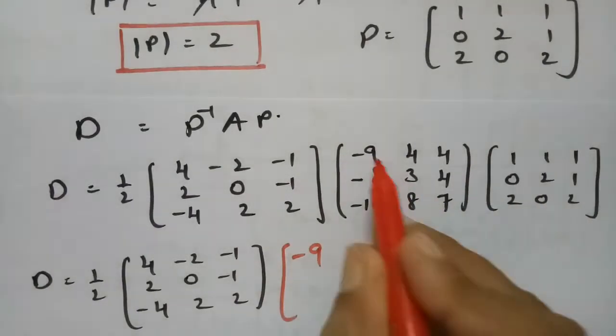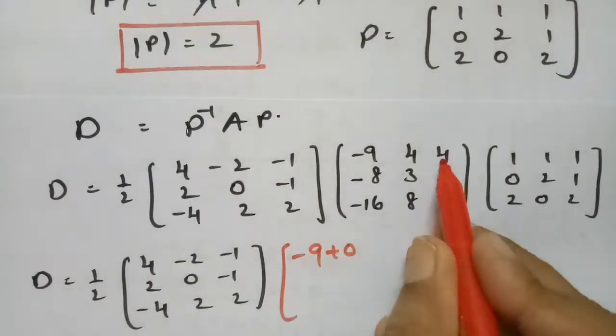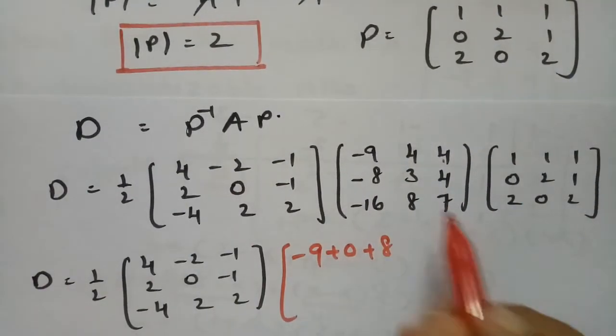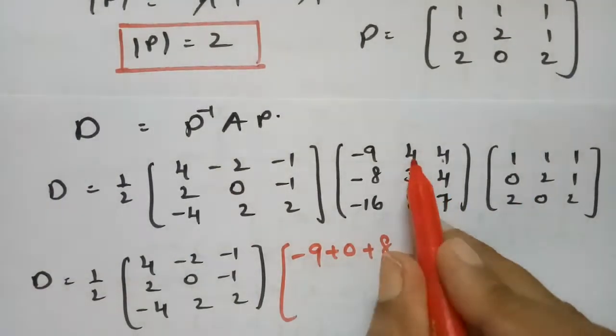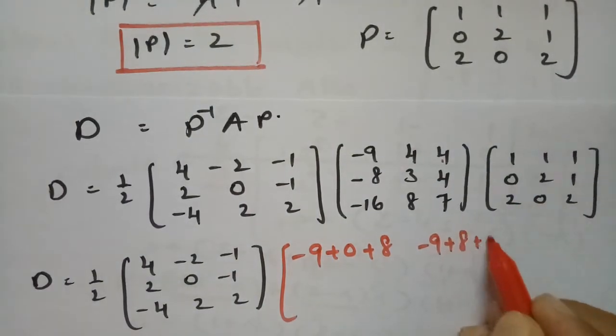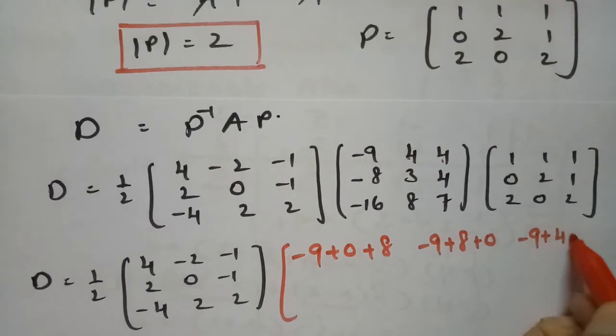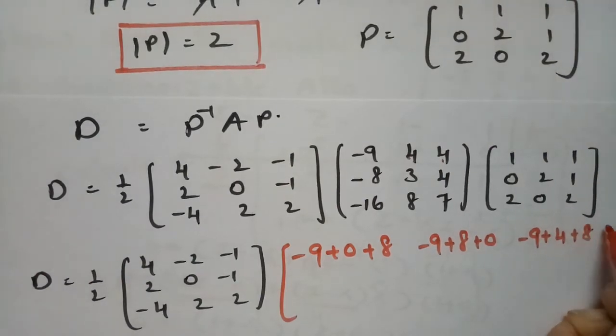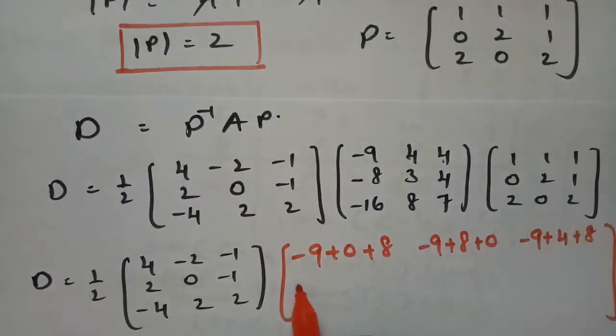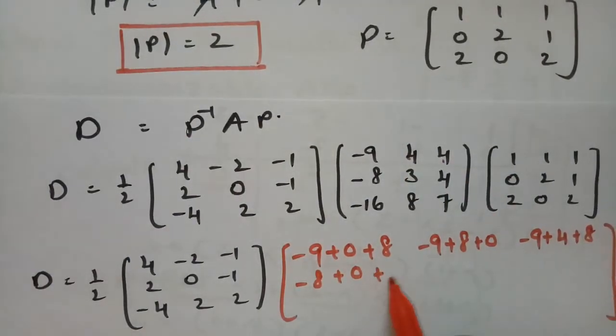So this is minus 9 plus 0 plus 8. If you see, this is minus 9 plus 8 plus 0, and this is minus 9 plus 4 plus 8. And this one is minus 8 plus 0 plus 8.